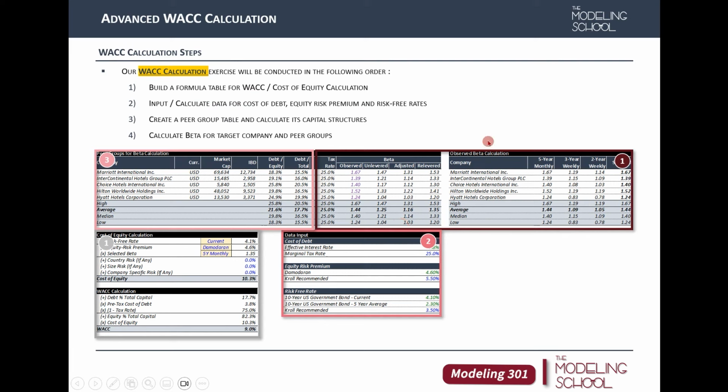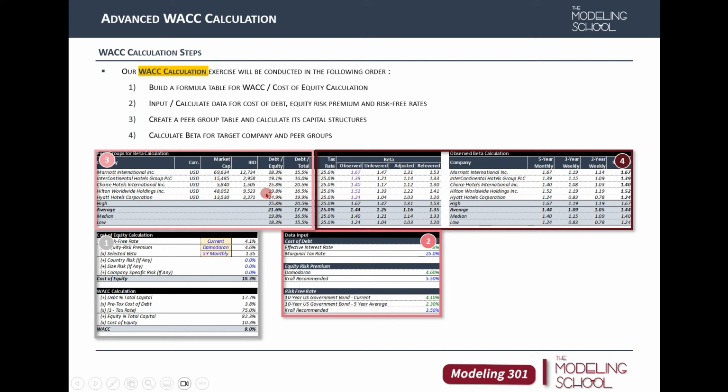So our calculation steps, we're going to start by making a frame for calculating weighted average cost of capital. And then we're going to fill in the inputs one by one. We're going to start with the simple part: cost of debt, equity risk premium, and risk-free rate. And then as we have most of the simple data filled in, we're going to build a peer group table as we did in trading comps valuations.